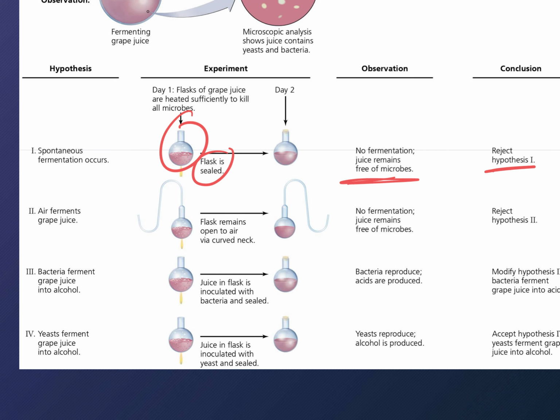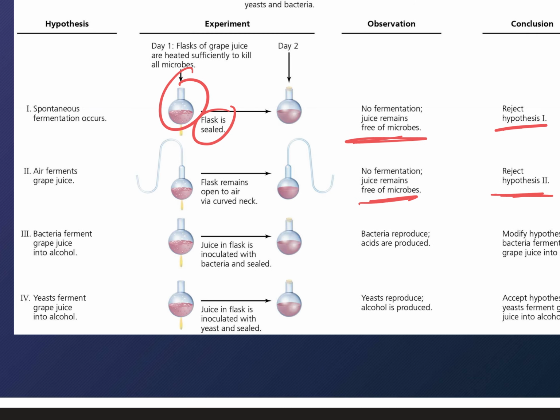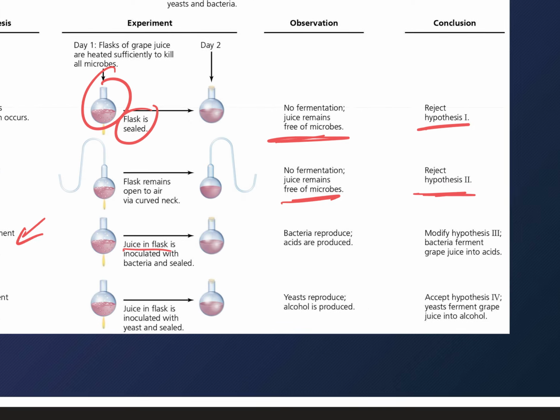Air ferments grape juice, right? That's hypothesis 2. So the flask remains open to air via this curved neck, so no fermentation occurred. The juice remained free of microbes, so we reject this hypothesis. So bacteria ferment grape juice into alcohol: the juice in the flask is inoculated with bacteria, then sealed. It's heated up.